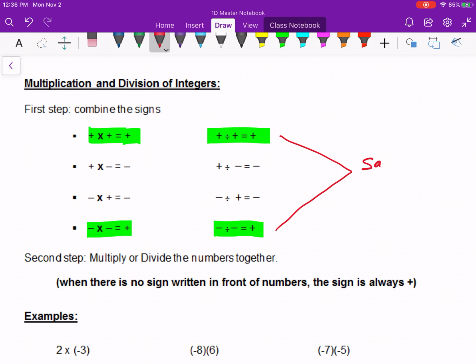So same signs again become positive always. Opposite signs, whether we're multiplying or dividing, it doesn't matter in which order, they become negative. The only difference is where we look for them.